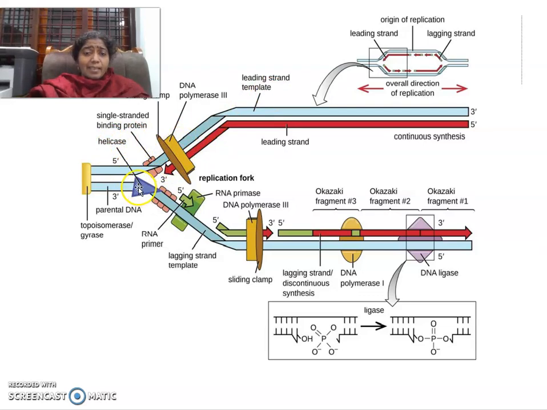Then the helicase enzyme will be forming the strand separation. Single strand binding protein prevents the joining of the strands. The short fragments of DNA formed are called Okazaki fragments, and DNA polymerase 1 will help in the removal of the RNA primer, and DNA ligase will help in the joining of the Okazaki fragments.